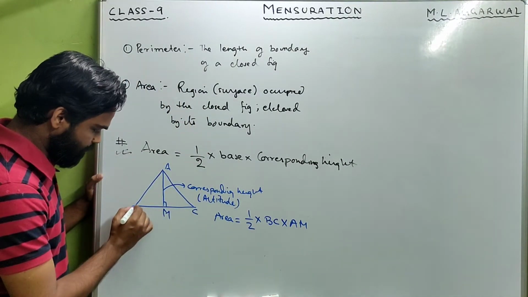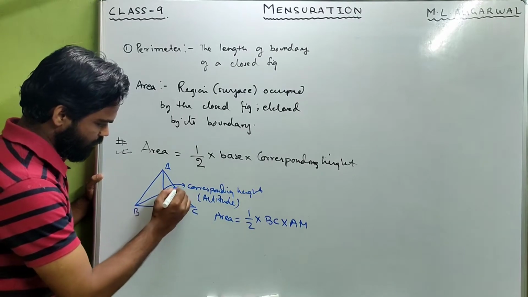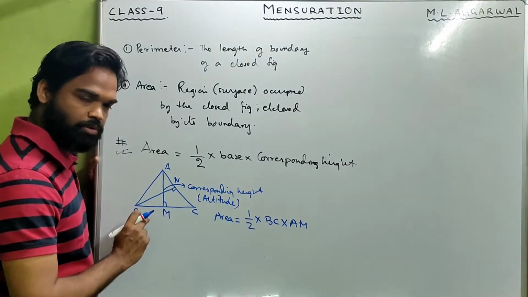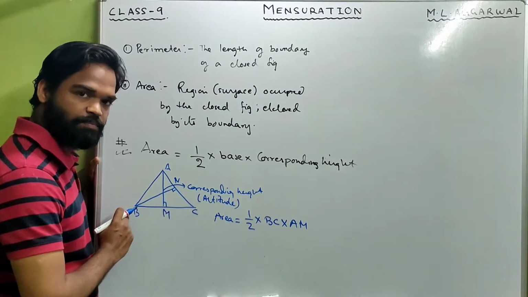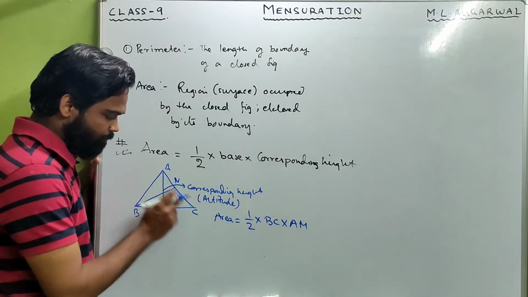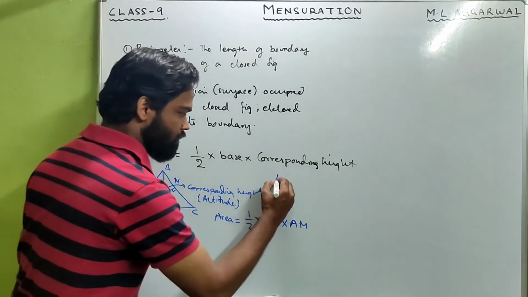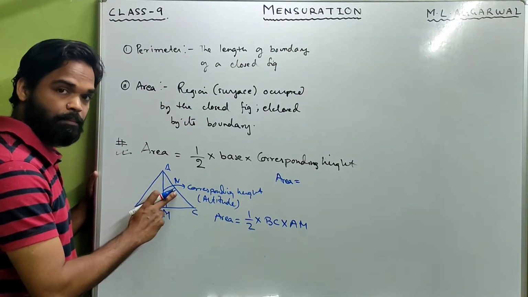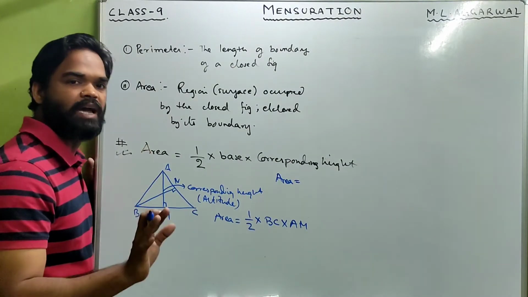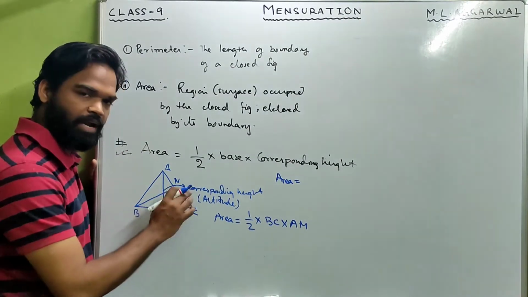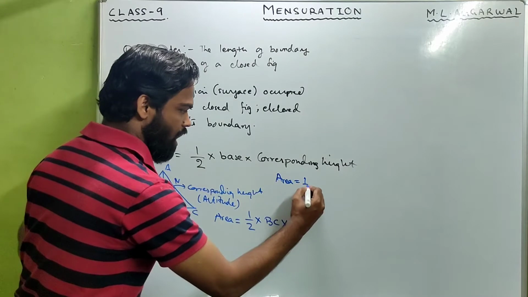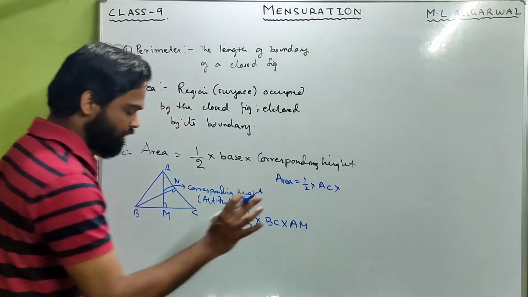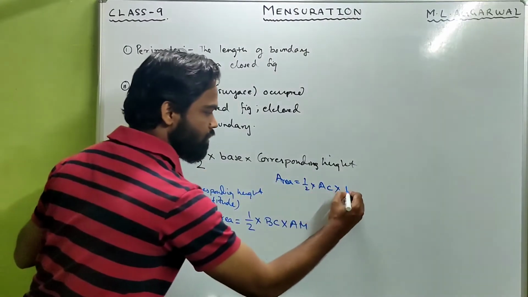Suppose BN is the altitude on AC from the vertex B. Then if you take AC as the base, the corresponding height is BN. Base can be any side. If you know the corresponding height, you can get the area. Half into base, which is AC, and the corresponding height is BN.